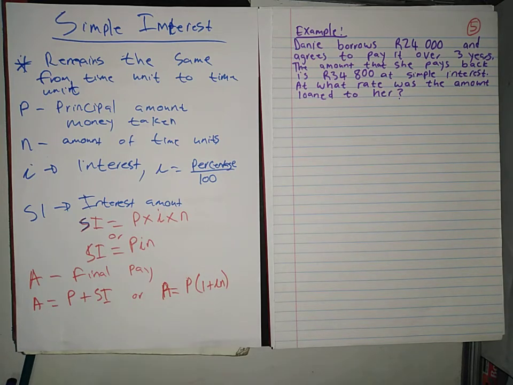Right, let's go on. So here Danny borrows 24,000 rand and agrees to pay it over 3 years. The amount that she pays back is 34,800 rand at a simple interest. Now what was the rate? They've been asking many things from us.